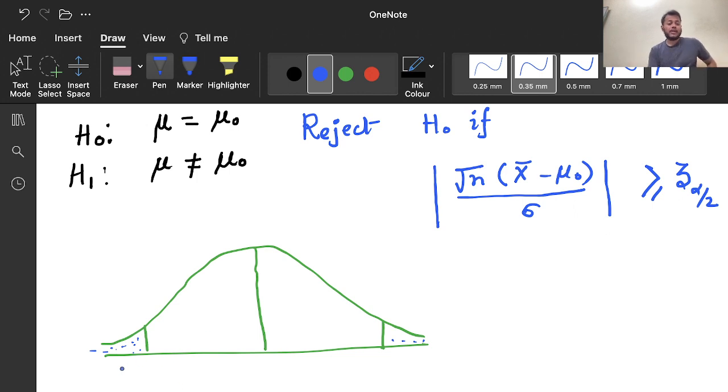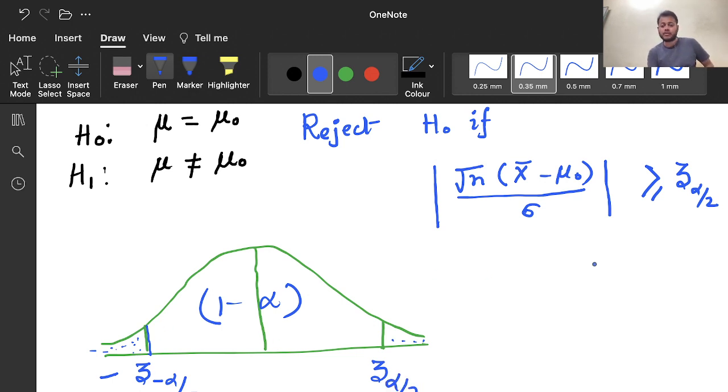So I will make a test in such a way that if my observed data is out of this 1 minus alpha fraction, the main portion of the distribution, I will reject. So I will reject if it falls on this side, less than minus z alpha by 2, or greater than z alpha by 2.